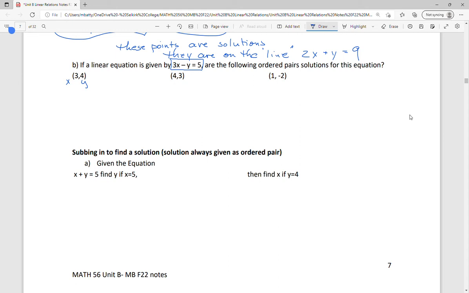Is that a solution to this equation? To do this, we're going to substitute those values in and check. So 3 times 3 minus 4, 9 minus 4, yeah, that one's good. We're going to work our way through, and I'm just going to show all my work as we go.